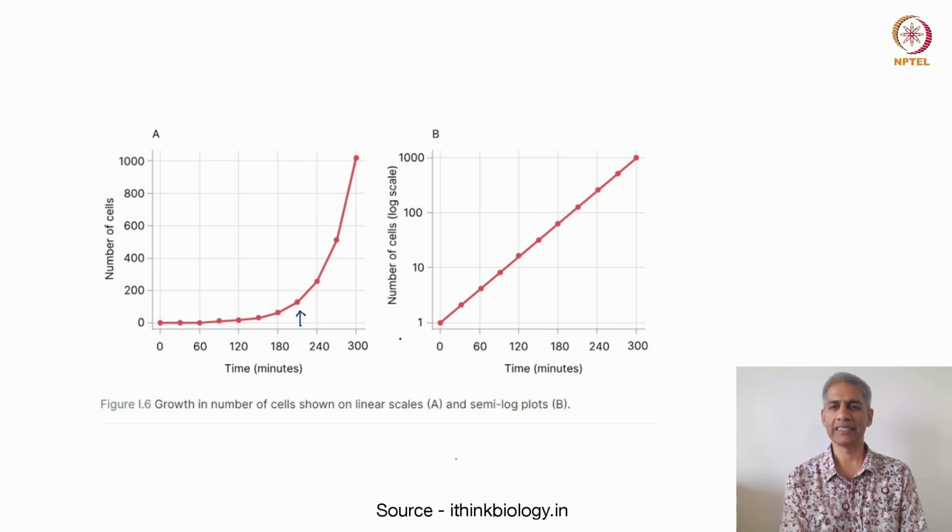And so you immediately see that plotting it this way, the relationship of the number of cells with time can be marked with a straight line, and the slope of the line is the doubling time for this cell line. So how much time it takes to go from 1 cell to 2 and 2 to 4. And so putting things on a graph like this allows you to see these kinds of relationships.